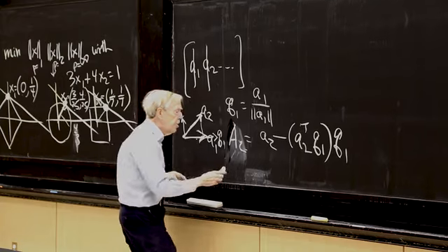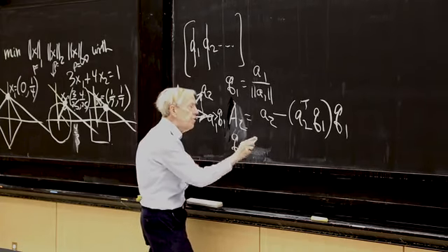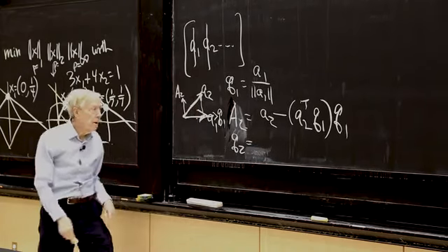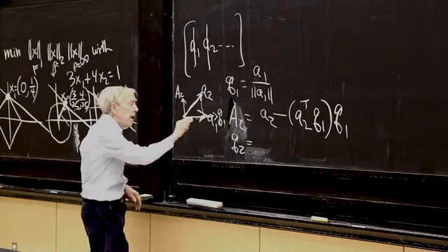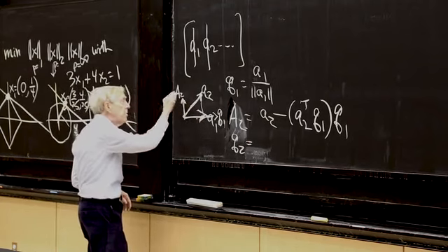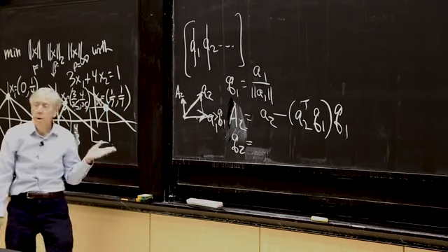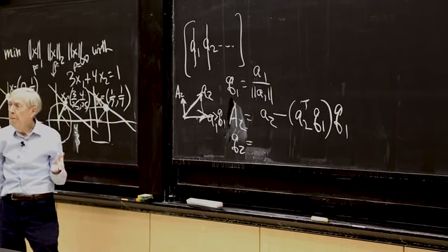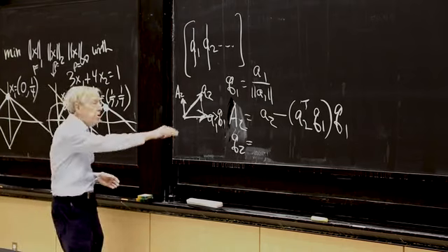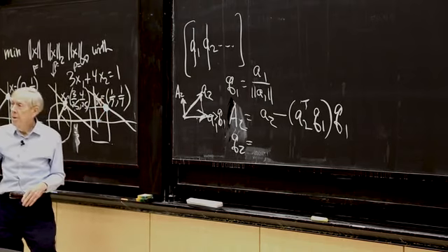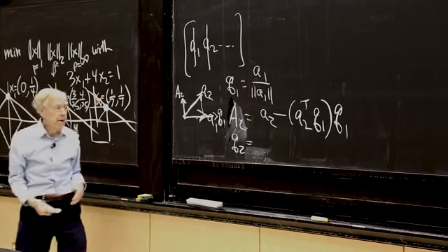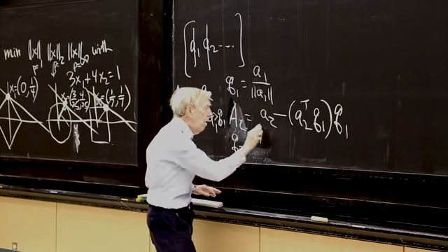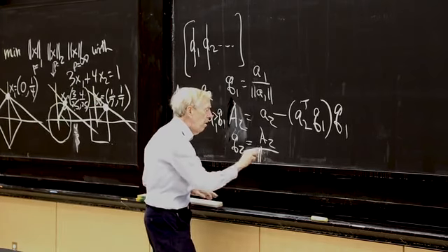So what is q2 then? This thing, after subtracting off, got that direction right, and I call it A2. What is q2 now that I want to finish? I've got the direction. All I want to do is get it to be a unit vector. So I just take A2 over its norm.